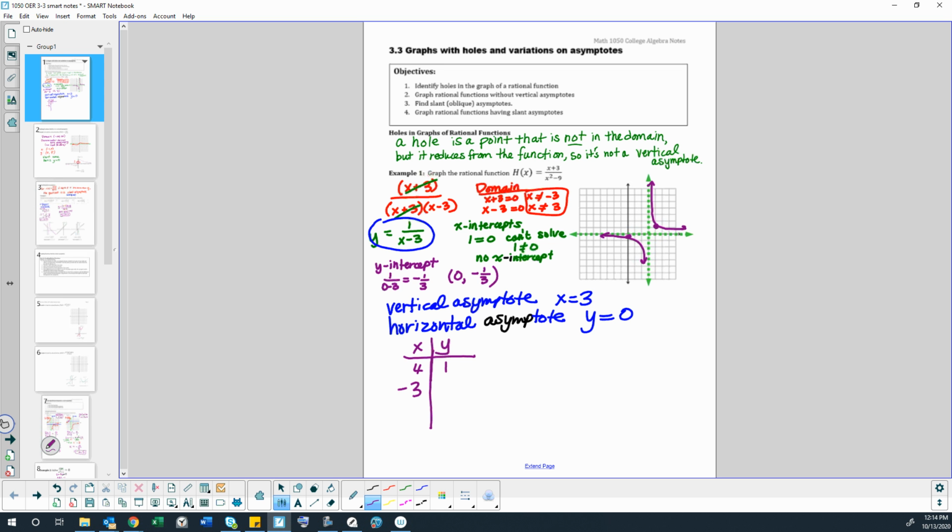So it doesn't exist there. So what we're going to do instead is we're going to plug it into this part right here. So then we'll have 1 over -3 minus 3. So that would be 1 over -6. So -1/6. That is the hole in the graph because it's not in the domain.